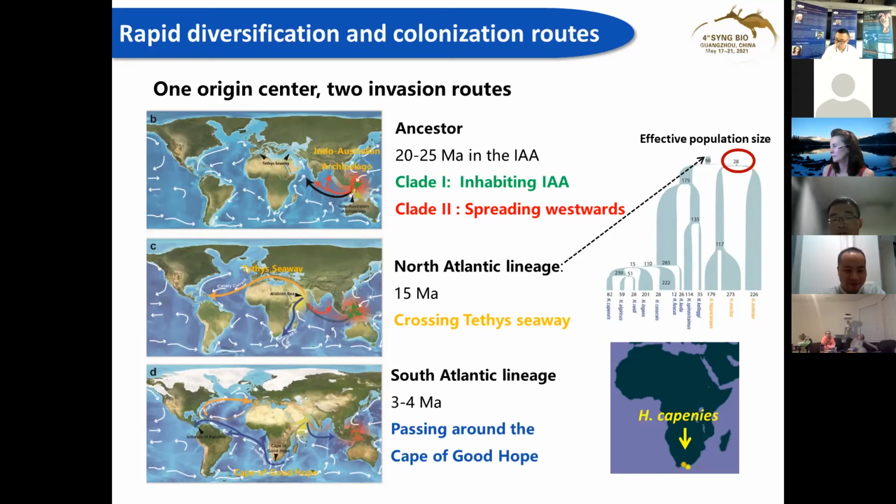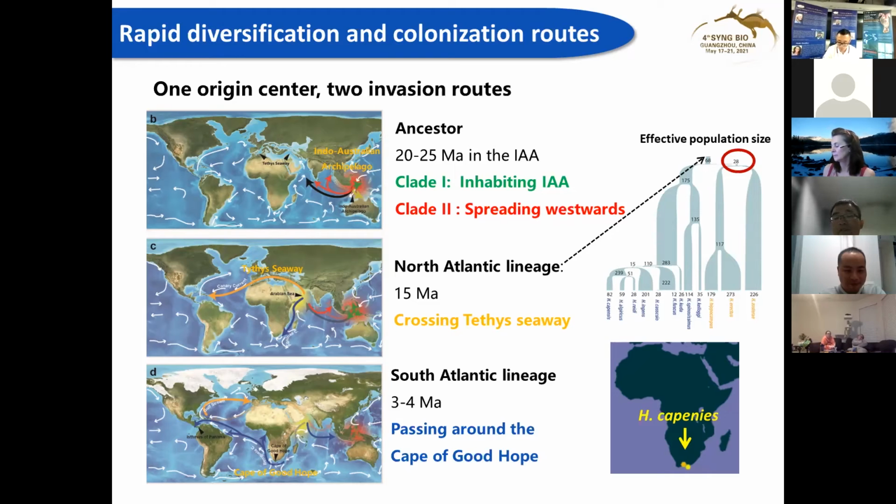There is also other evidence supporting our hypothesis. First is the effective population size. We could find that the effective population size of the ancestor seahorses of the North Atlantic lineage is really small, most probably due to the closure of the Tethys Sea.